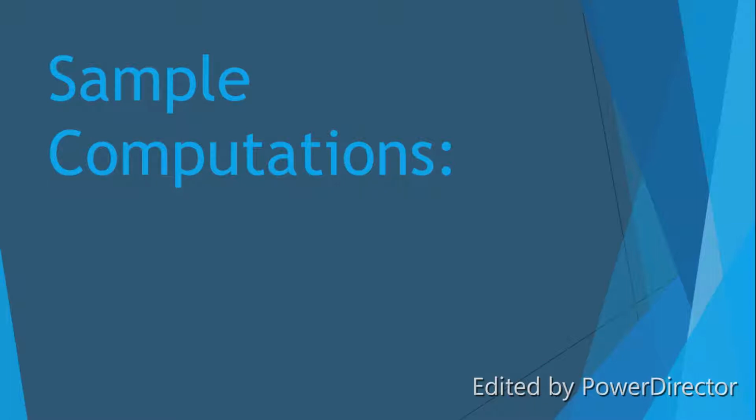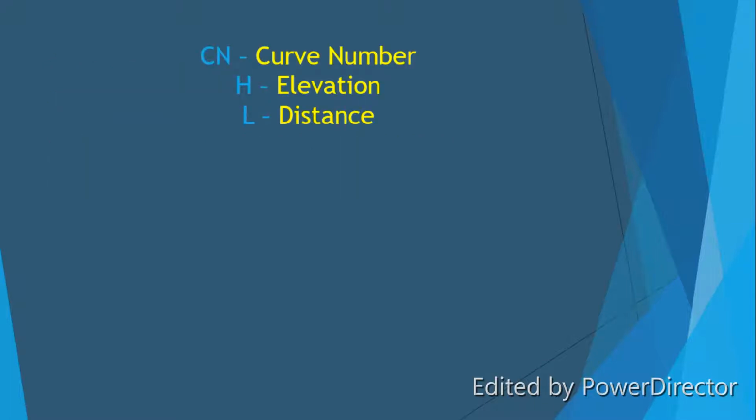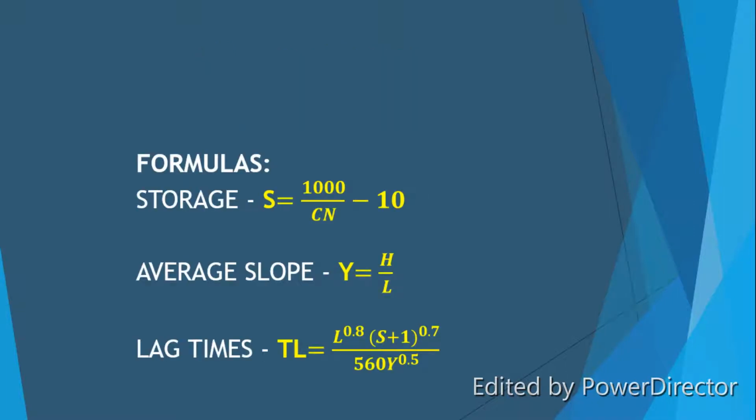Sample computations. CN stands for curve number, H is elevation, and L is the distance. And these are the formulas that we used. For the storage, S is equal to 1000 divided by CN minus 10.